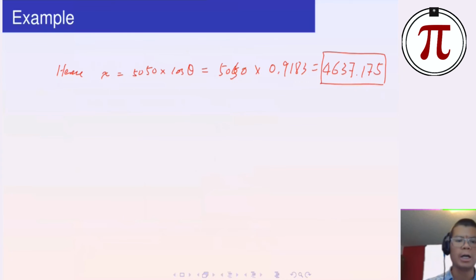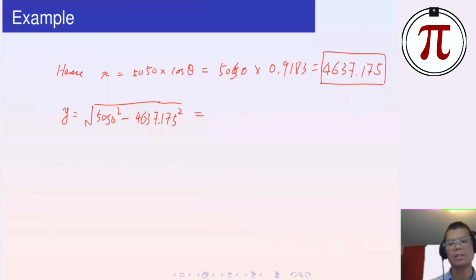So y equals the square root of 50 squared minus 4637.175 squared.